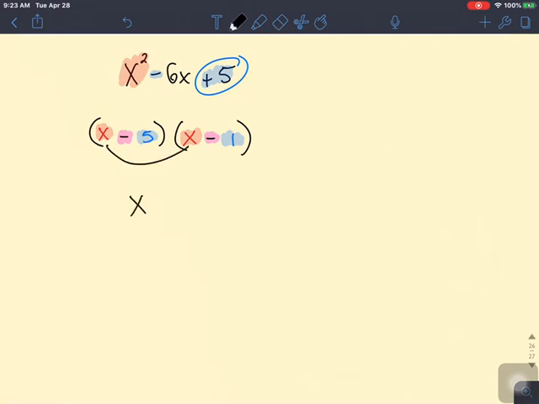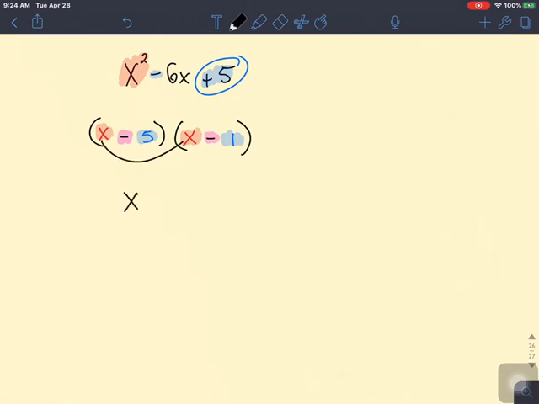X times x is x squared. Negative 5 times, oops, I'm doing the wrong one. Sorry, Chargers. Let's be consistent. Let's do distributive property.